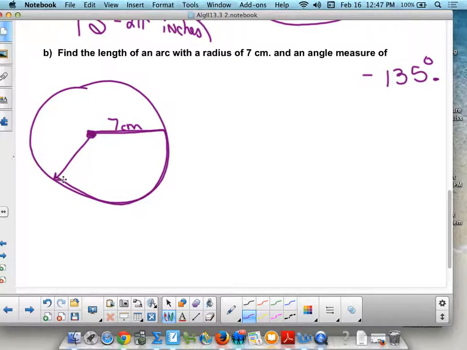So to me, this is my measure, okay, but it's not in radians. You got to get this in radians. So you need to take your angle, negative 135, convert it by multiplying by what?